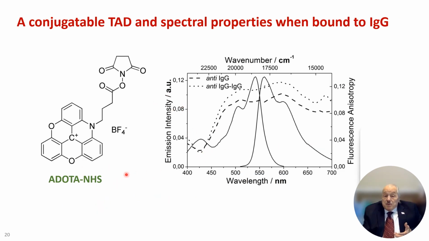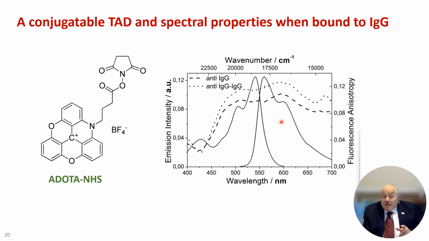So in order to make these useful, someone had to make a conjugatable derivative of a triangulinium dye. So this NHS ester was made, and these are the excitation and emission spectra, and across that are the anisotropy spectra. Again, I'm going to pretend that the anisotropies are flat across the emission spectrum because we really don't have many examples where it changes or know why it changes.